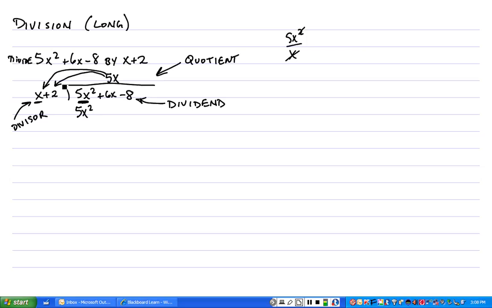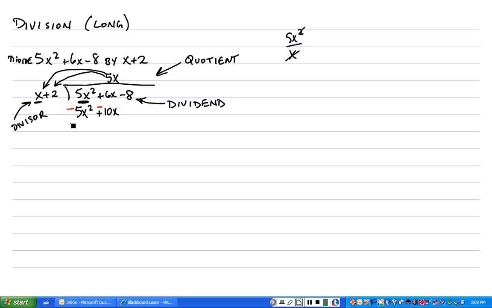5x also gets multiplied by the 2, so that gives you a plus 10x. So you have 5x squared plus 10x. Now, just like when you learned long division back in grade school, now you're taught to subtract, and by subtracting we change our signs. So the positive 5x squared becomes a negative, and the positive 10x becomes a negative.